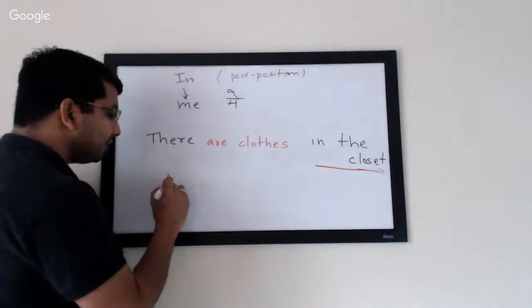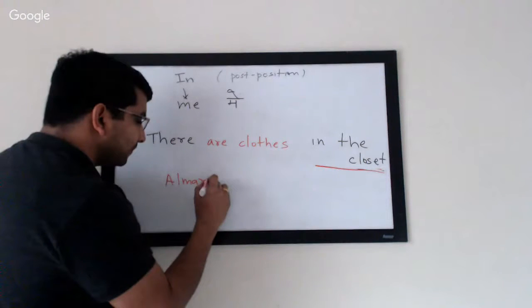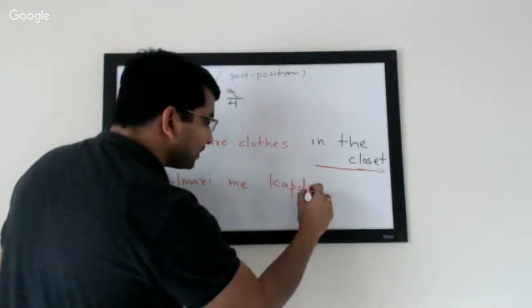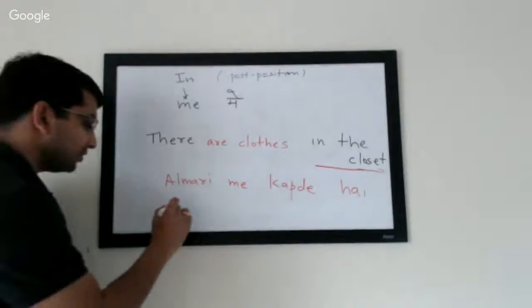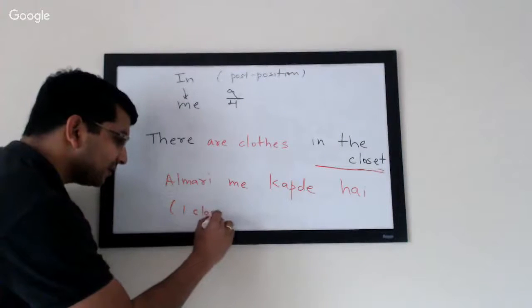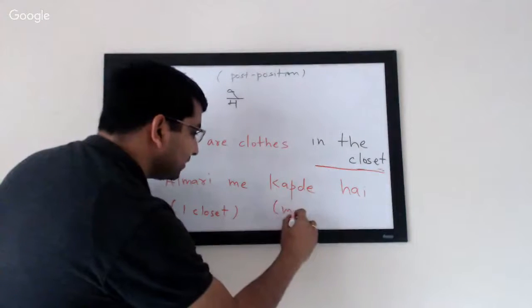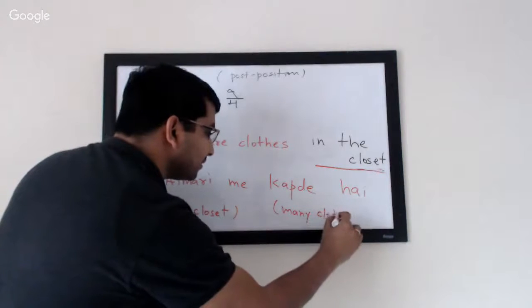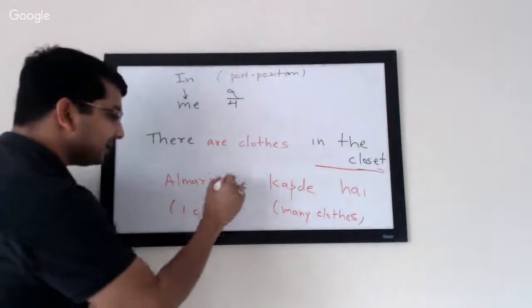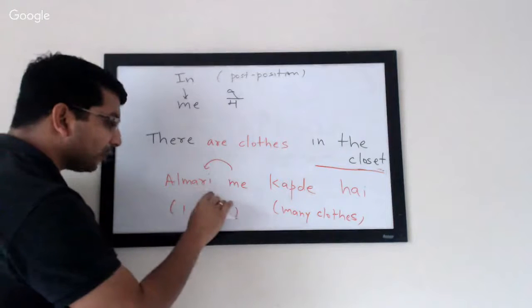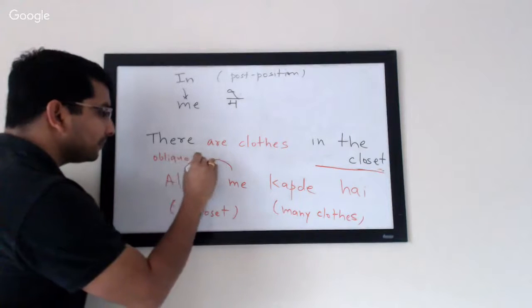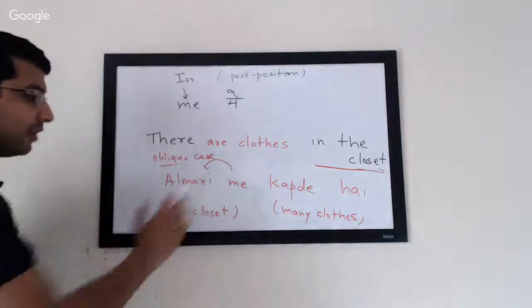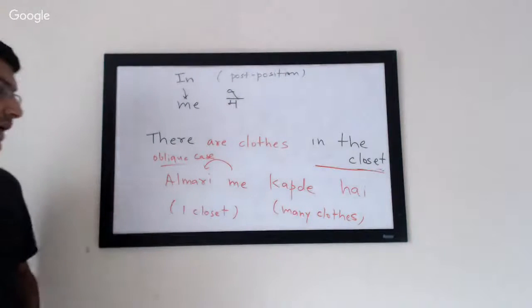So it'll be almari mein, and you use the plural of that. Kapda is like clothes, kapde hain. Almari mein kapde hain. So this is just one closet, and this is like many clothes. And the third thing is, it might appear that it's a nominative case, but it is an oblique case, because you have a postposition after almari.